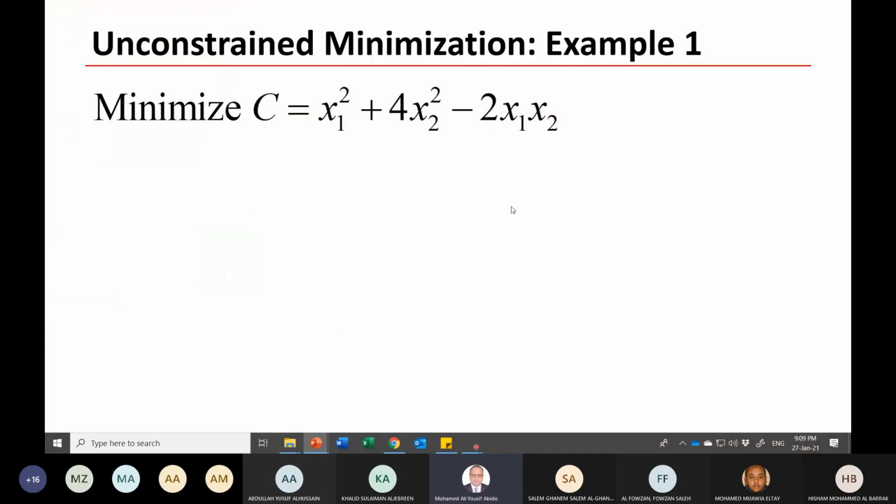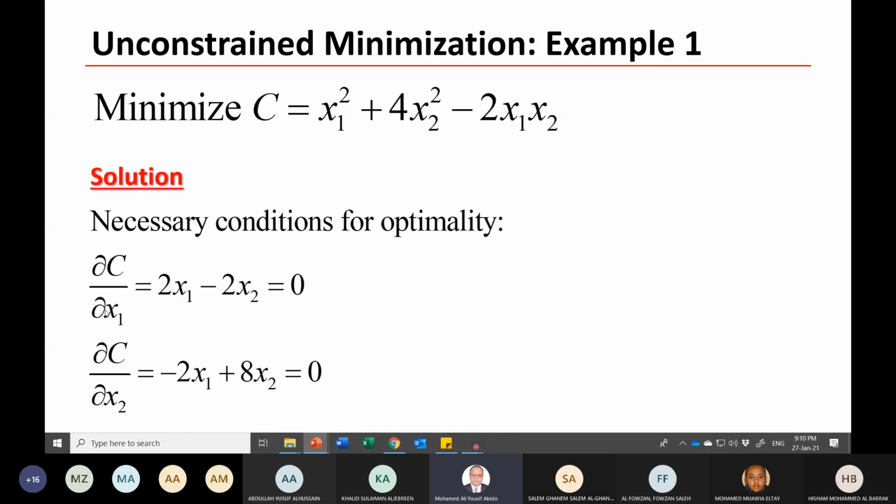So let us take a very simple example, unconstrained optimization. There is no limitation, no boundaries. We don't have equality constraints or inequality constraints. This is a straightforward problem. You have two variables here, x1 and x2. You can get partial c by partial x1, the derivative, which is equal to 0.